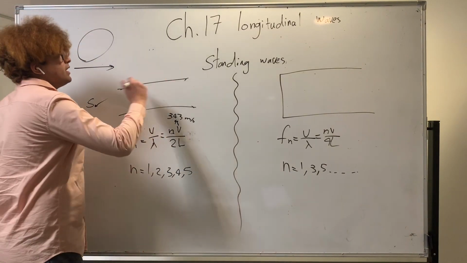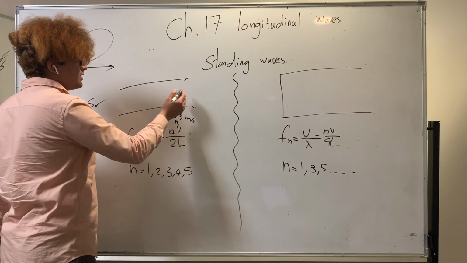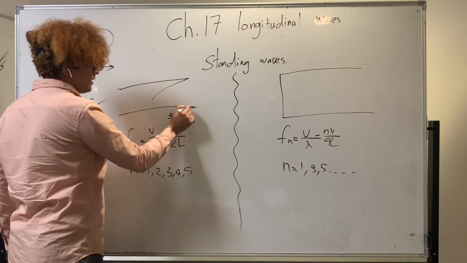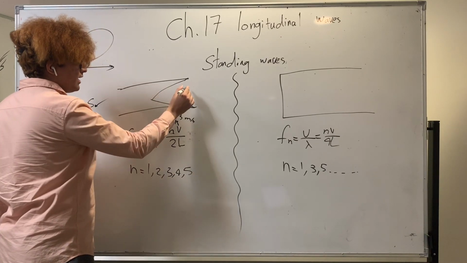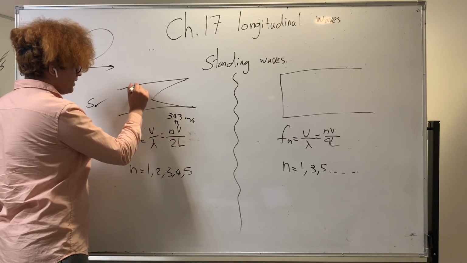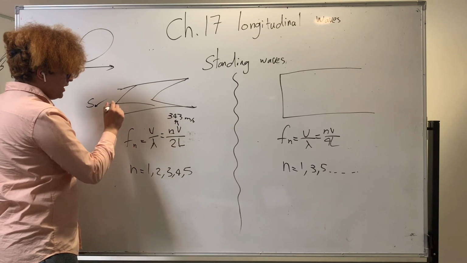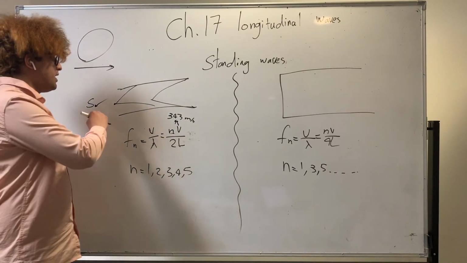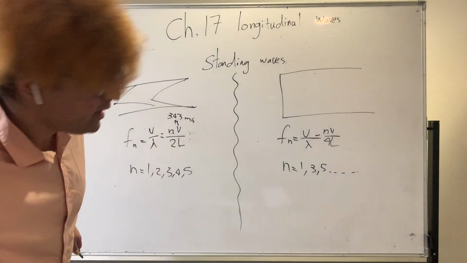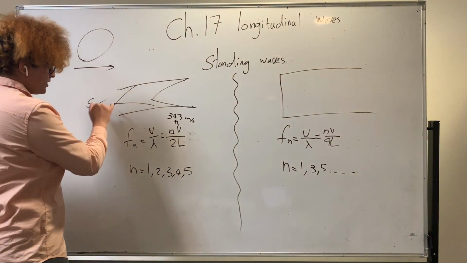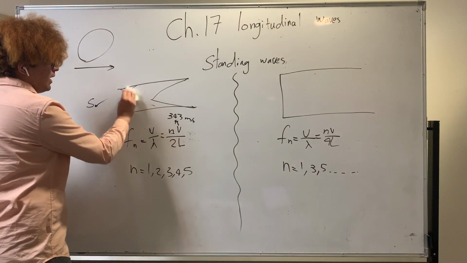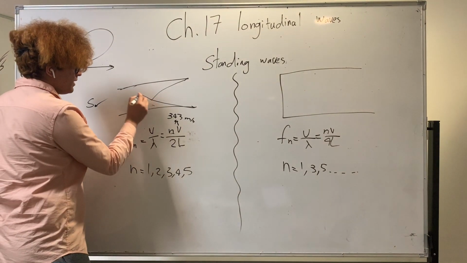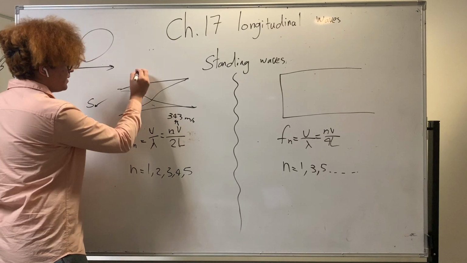A very important thing to understand is that at an open end, we need to have an antinode. We cannot have a node at an open end. A node is a place where the wave does not move up and down, so a node cannot occur at the end if the end is open. So our first harmonic is going to be something like this.